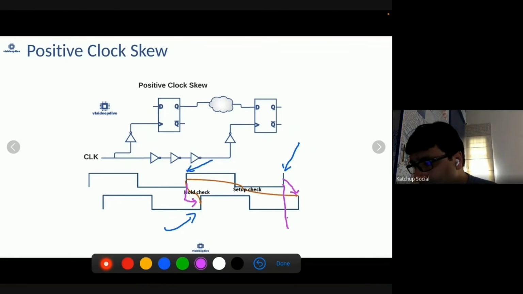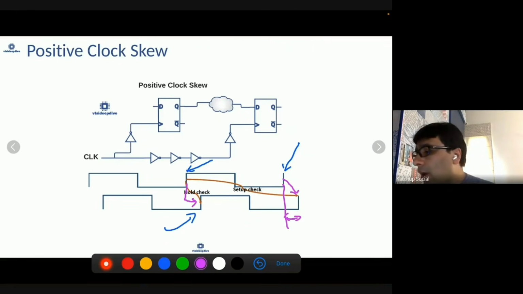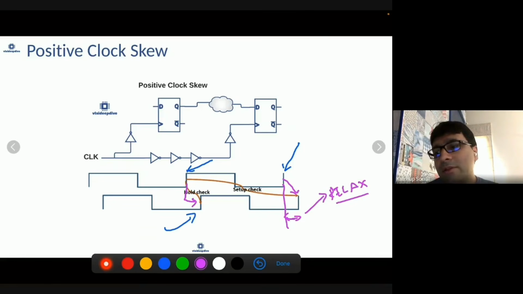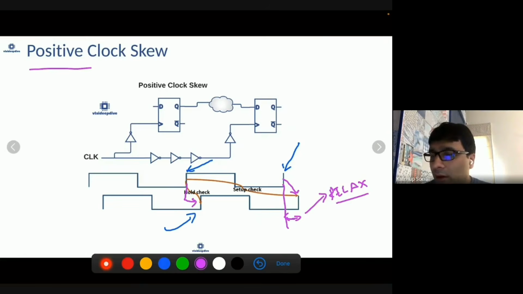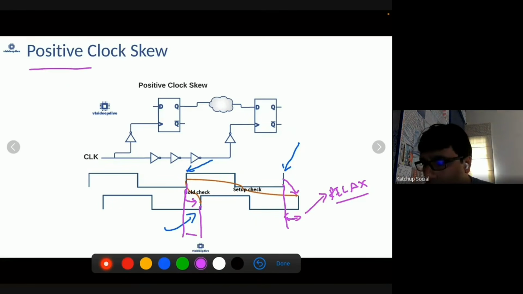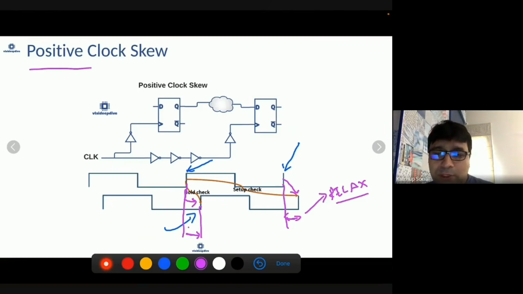So because of the skew, you get this additional time to meet setup, and that relaxes the setup time a little bit in the case of positive clock skew. The hold check may have different behavior because you might have to now keep the data stable for a longer time because of this skew. So positive clock skew can help sometimes making your timing to meet easier, at least on the setup side.